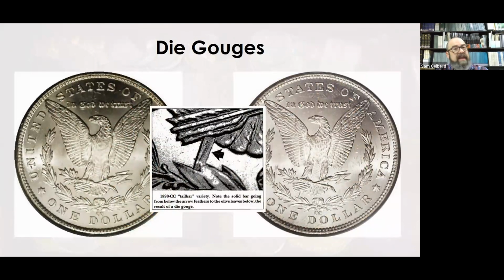Die gouges can happen where sometimes maybe a tool accidentally scrapes or really cuts deep into a die. What they call the tail bar CC dollar in the Morgan dollar series from 1890. There's a close-up of it right in the middle there. Pretty interesting die gouge. It's pretty popular among Morgan dollar collectors.